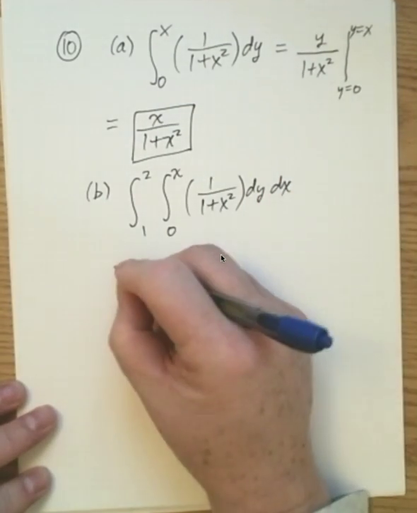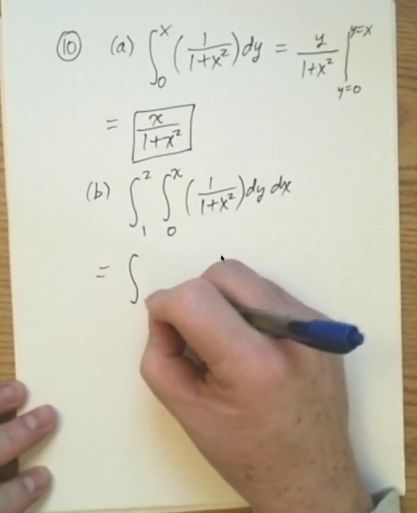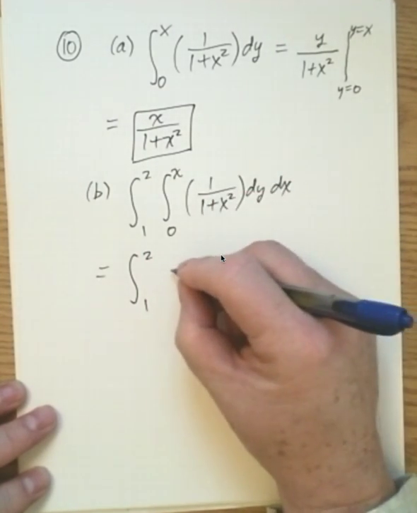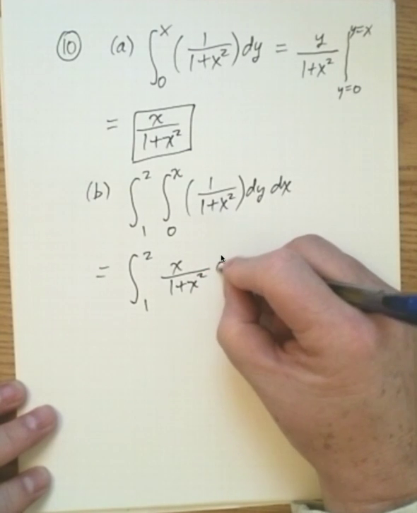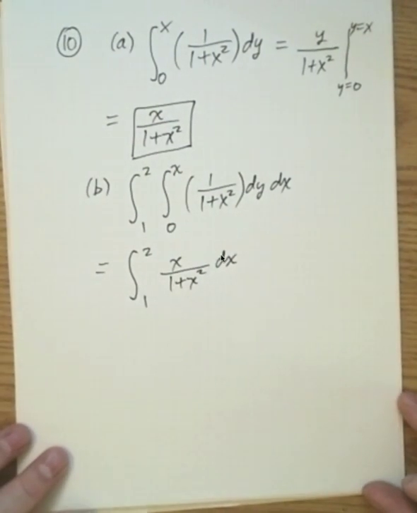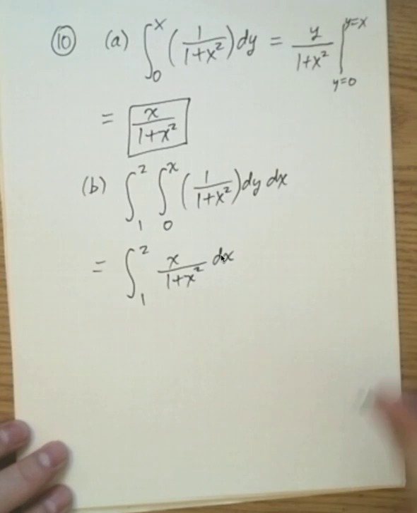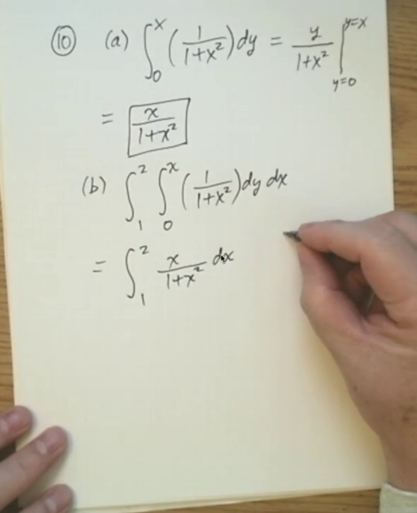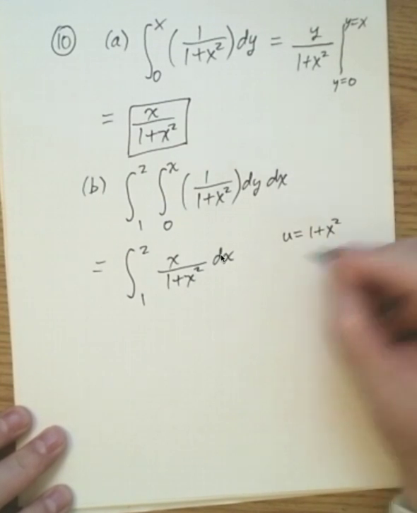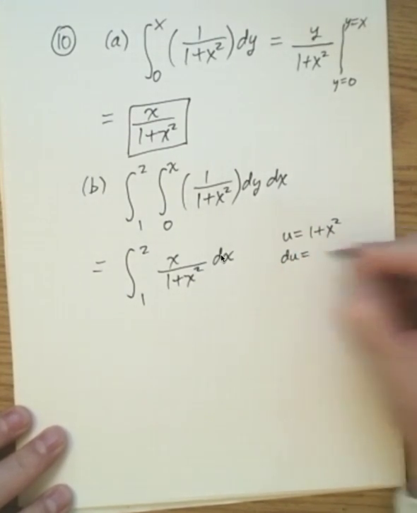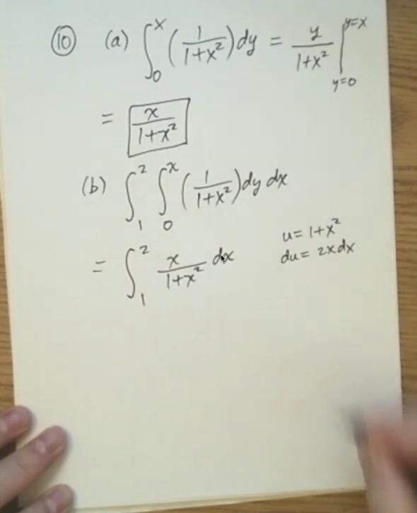dx. Once again, we've already worked out the inner integral and we got the result above, x over 1 plus x squared, and that's what we'd be integrating with respect to x. You guys can see here what you might want to do is maybe use a u substitution. U equals 1 plus x squared. Differential changes in u would be 2x dx, like that.